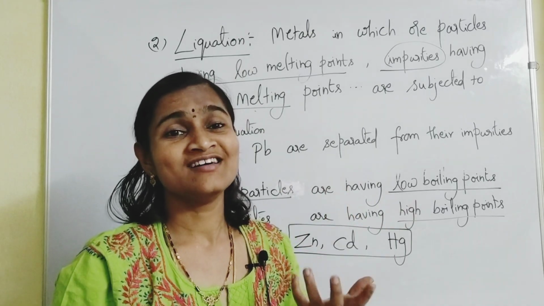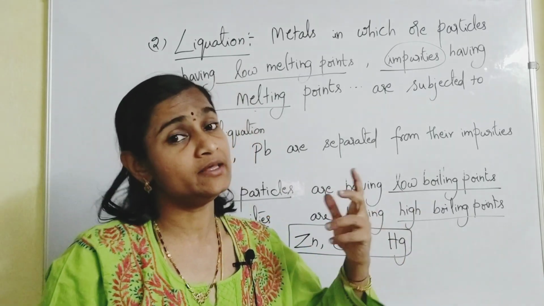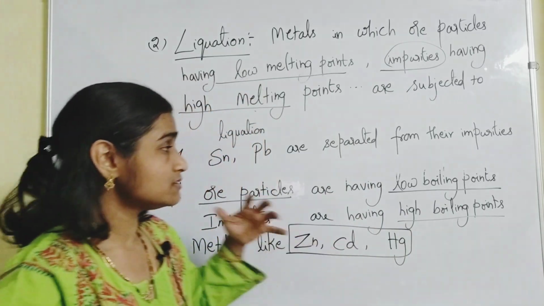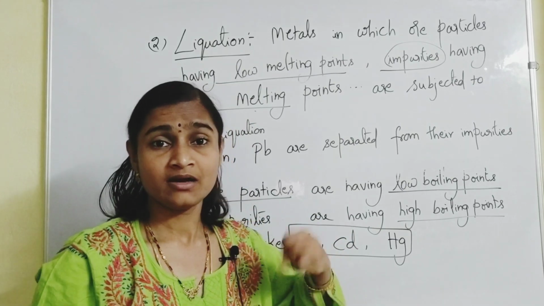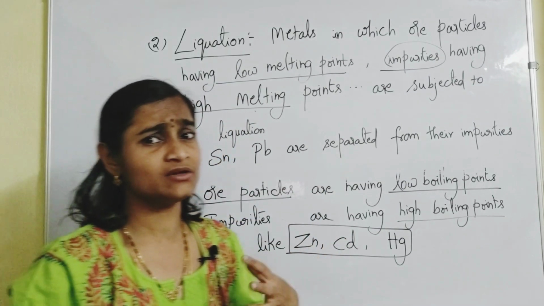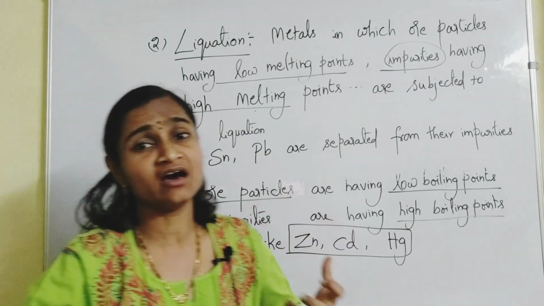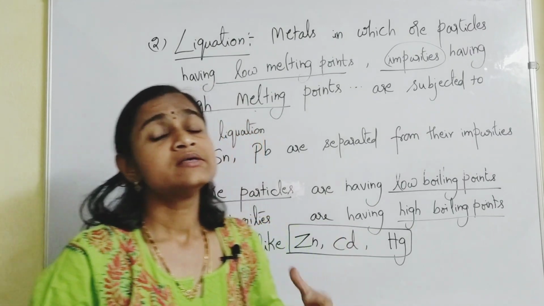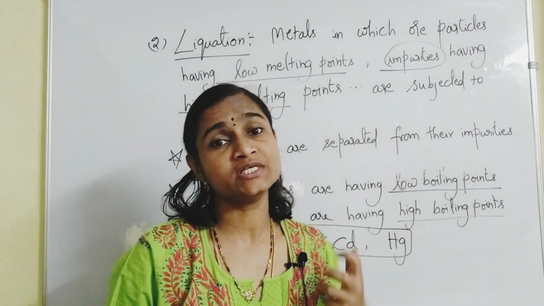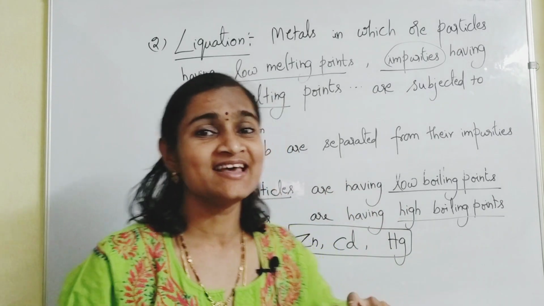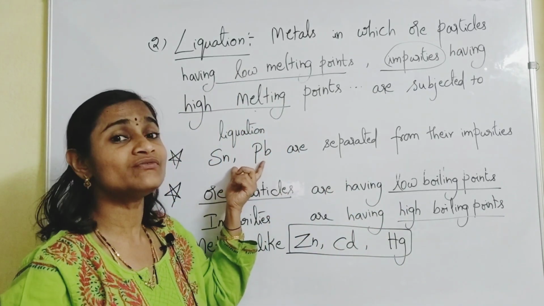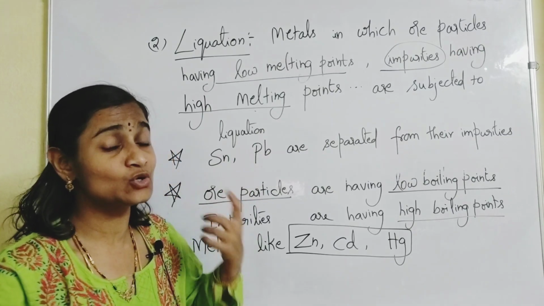Even gold may be treated as an impurity here, because your aim is to extract tin from an ore, cassiterite, or lead from an ore, galena, whatever it may be. It consists of other dissolved impurities, which should have higher melting points than the actual metals which are to be extracted.